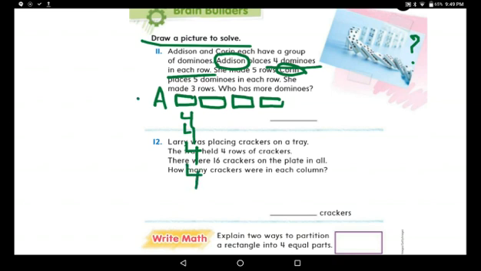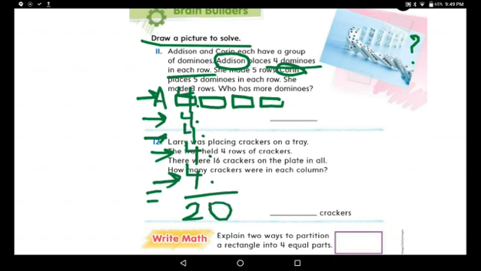How many rows? 1, 2, 3, 4, and 5. How many times did I repeat number 4? 5 times. Now 4 plus 4 plus 4 plus 4 plus 4 is equal to what? It is equal to 20. See, here I put them vertically, so no need to write the equal sign. So it is equal to 20. This is the equal sign for us, right?